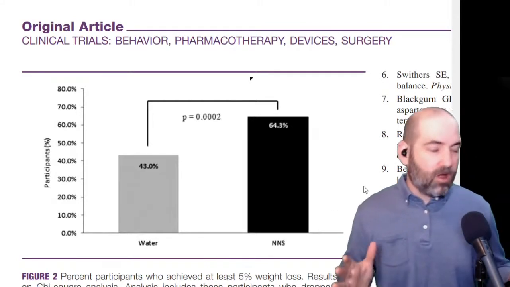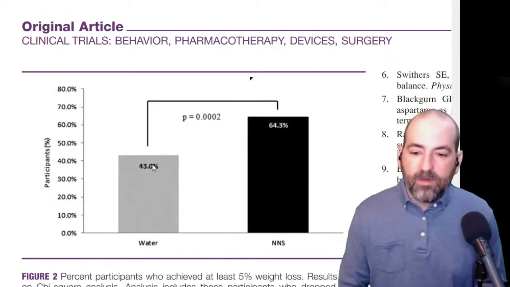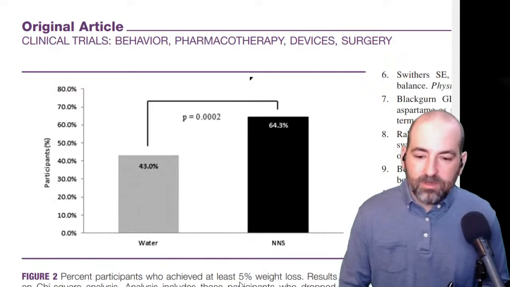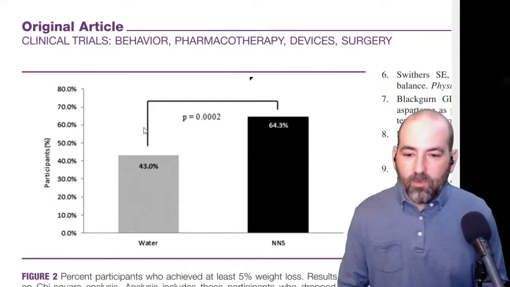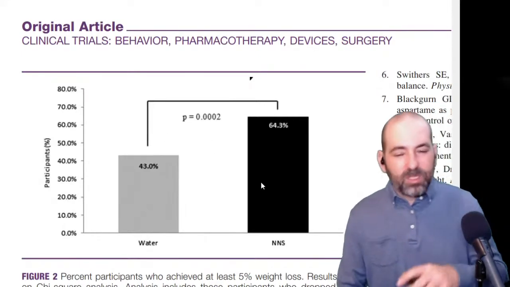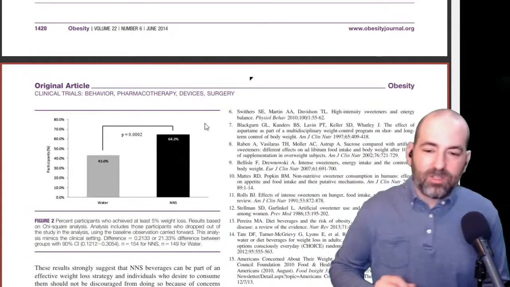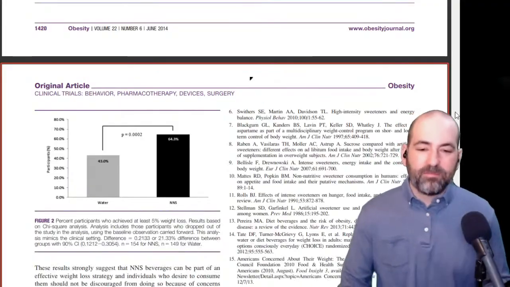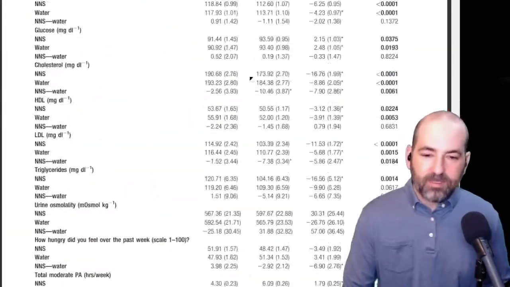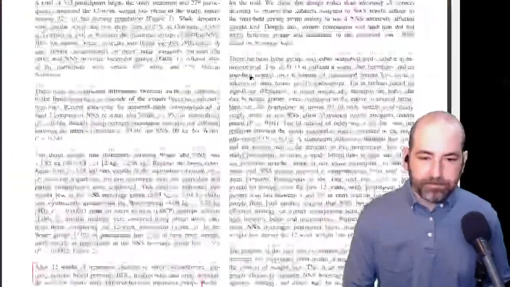And that's not always ethical to do so. So in this case, they do see a significant difference in the percent of participants who achieved at least 5% weight loss, which is a pretty specific way of playing with the data to make a difference shown. And then they have that in their big picture here. So that's sometimes an issue with these papers.